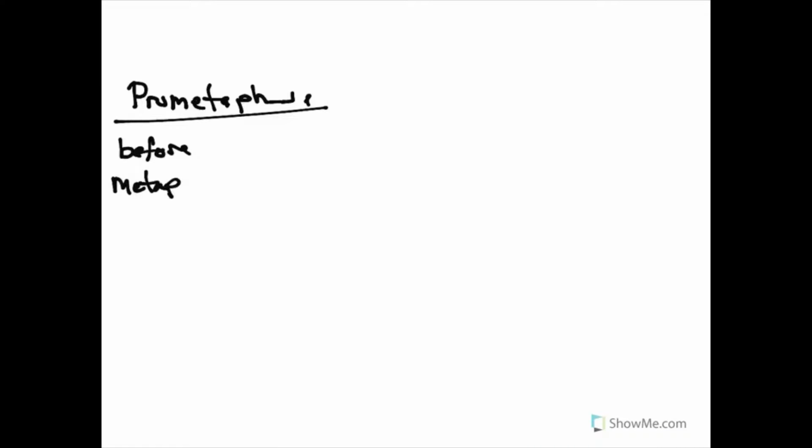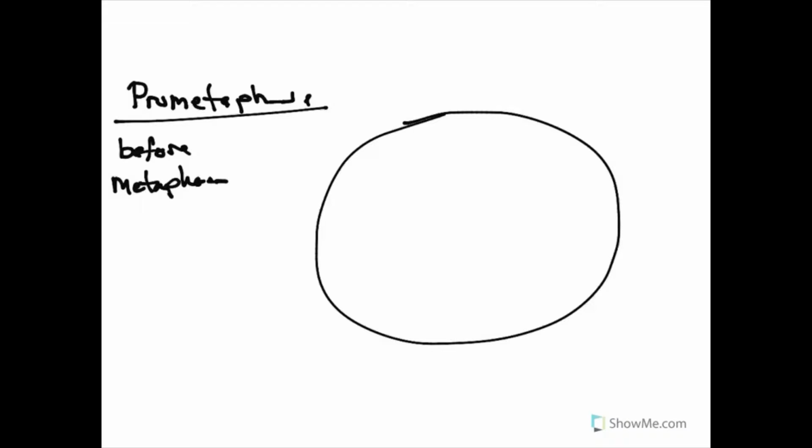And our next stage, Prometaphase. So this tells me this is before Metaphase. Okay, before Metaphase. So we know this should be before Metaphase. Now we have our cell here.